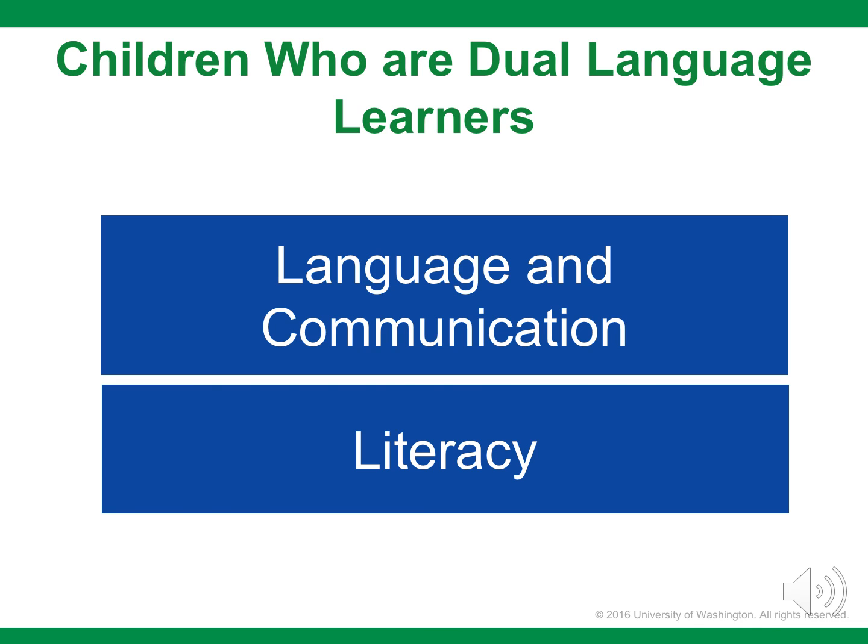This course covers aspects of child observation and assessment that may need to be adjusted for learners with special circumstances. When children are dual language learners, some aspects of observation and assessment need to be modified. This course includes a module about children who are dual language learners, emphasizing the importance of the process by which they learn receptive and expressive English language skills and engage in early English literacy activities.